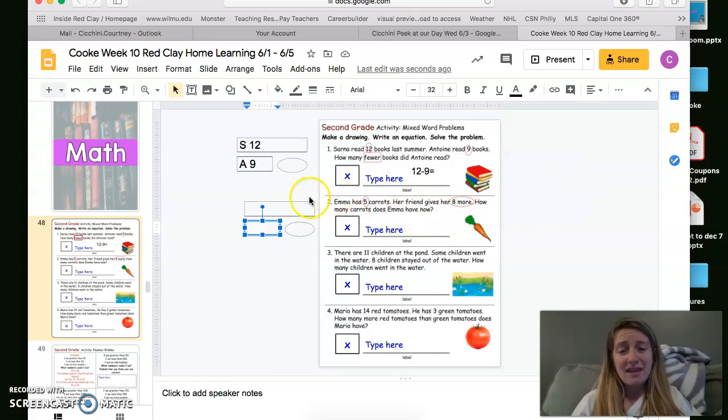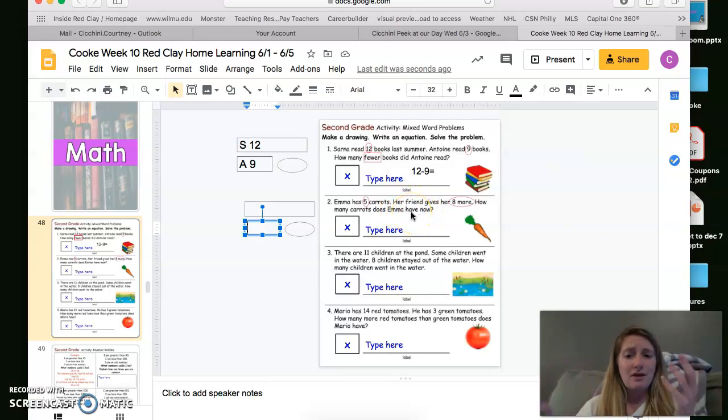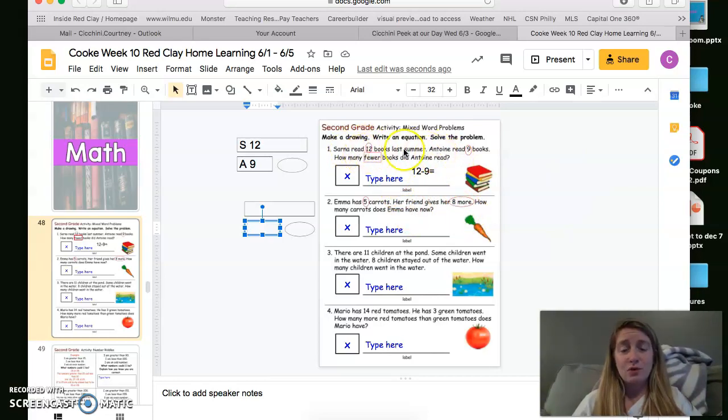You may think comparison bars will work for this one, but even though her friend is in the problem, they're not comparing who has more or who has fewer. Up here, they were trying to figure out which person had more or fewer. Down here, the same person is getting more.